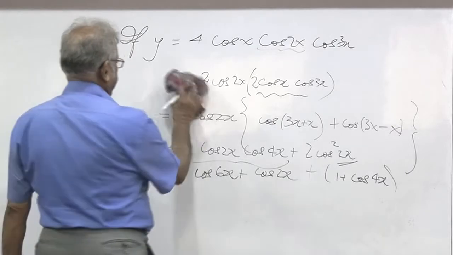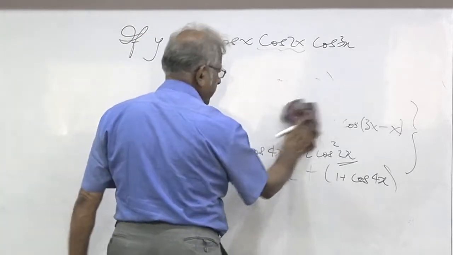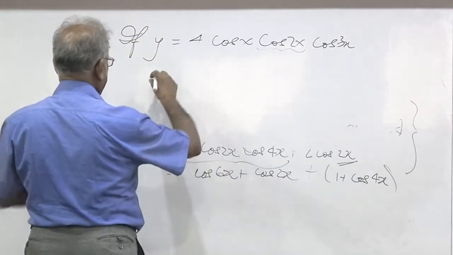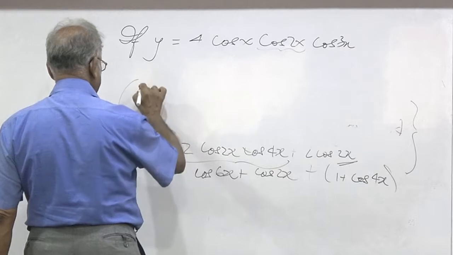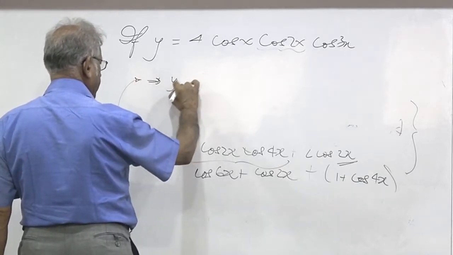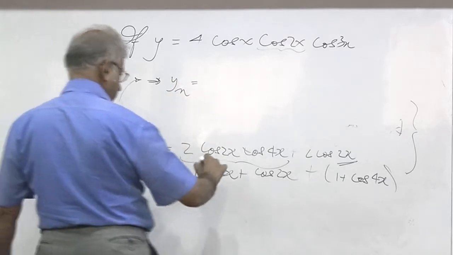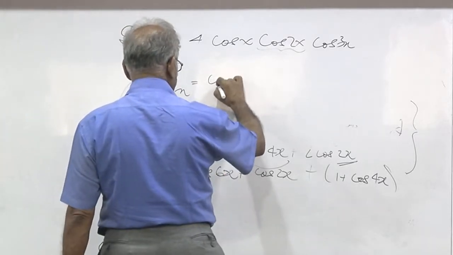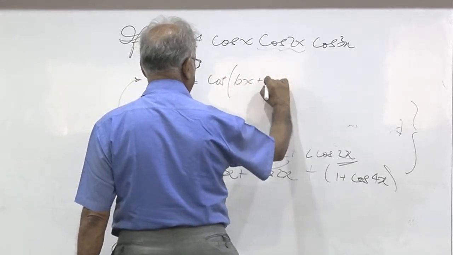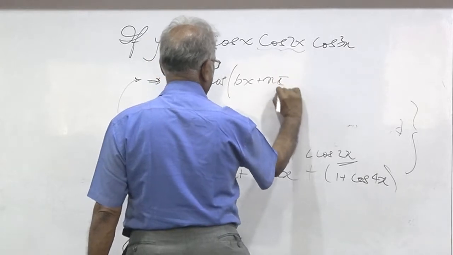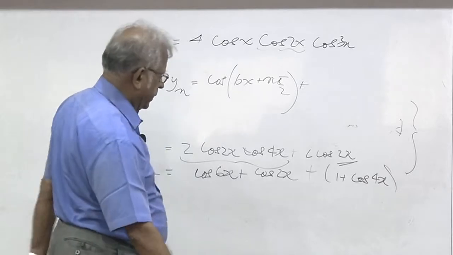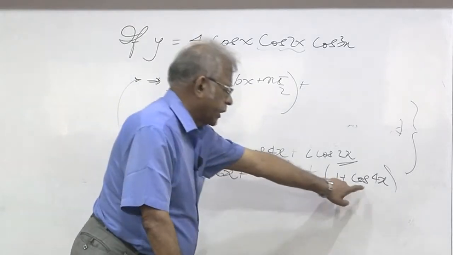So if that is y, obviously from there we can conclude that y sub n is equal to cos of (6x plus n pi by 2) plus, I am not writing all these because it's very simple, cos of (2x plus n pi by 2) plus cos of (4x plus n pi by 2).